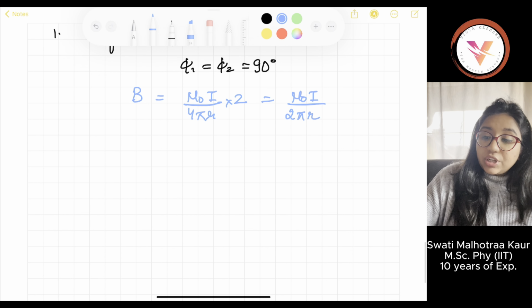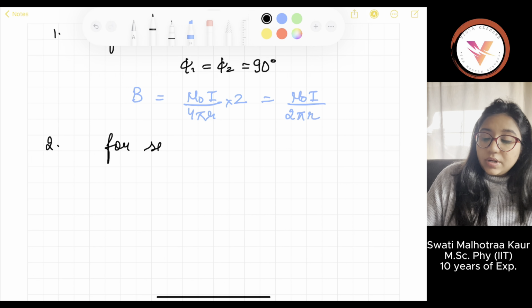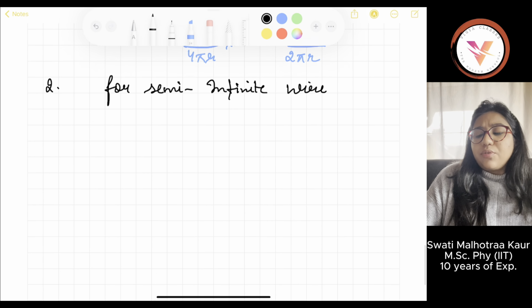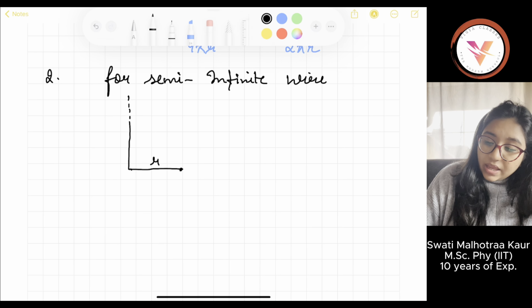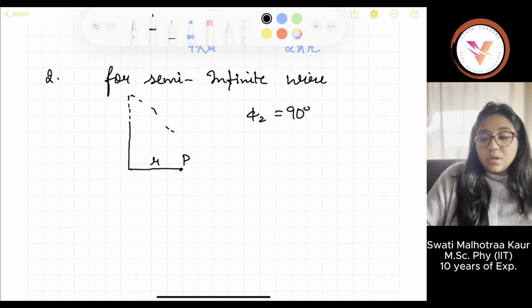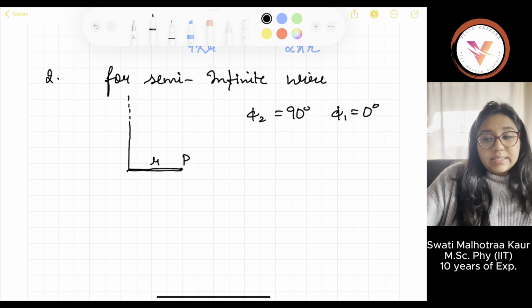If you check for a semi-infinite wire, and you have to calculate at one of its ends, that is, one end is infinite, the other finite, then your phi 2 will become 90 degrees. The upper one is parallel, you don't know where it ends, and the other becomes 0 degrees, that is, phi 1 is 0 degrees.